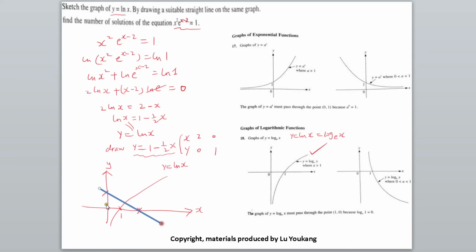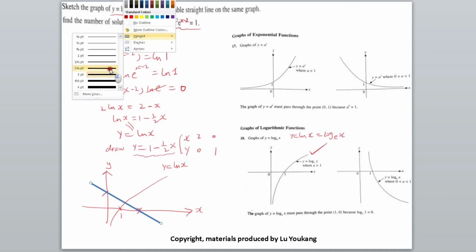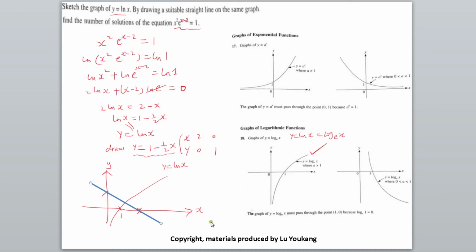And extend it further. So as you can see here, y equals to ln x and y equals to 1 minus half x, they intersect at one point. And therefore, the number of solutions is 1.